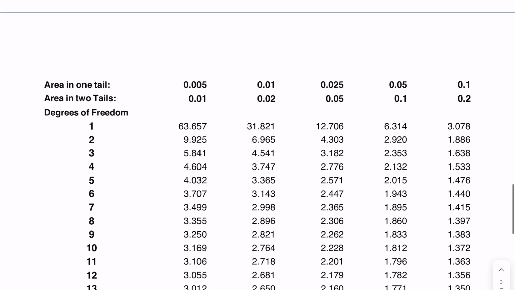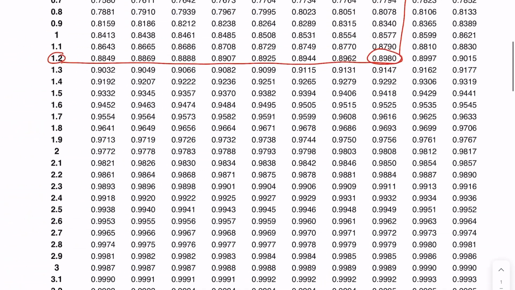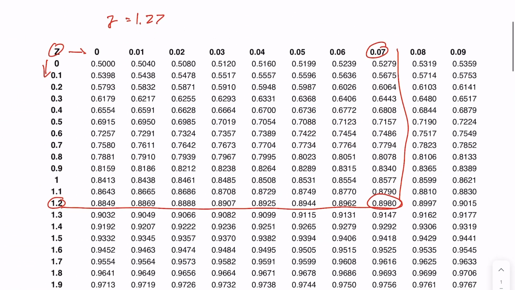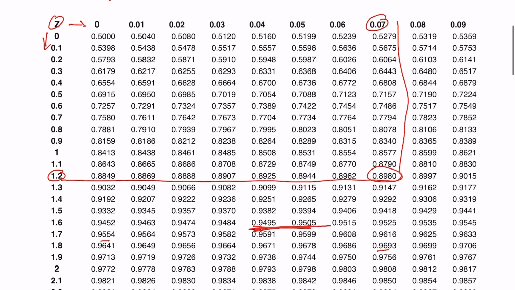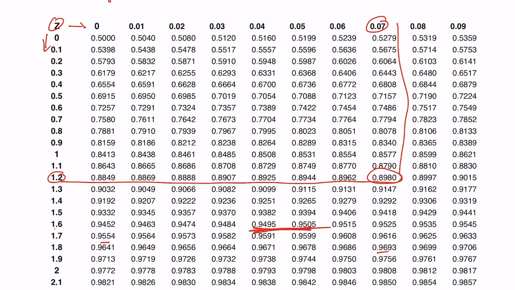All right, so 0.9, there's 0.9495, 0.9505, somewhere right in between there. So maybe what I'll do is 1.645, split the difference. 1.645, all right? That's the z-score.